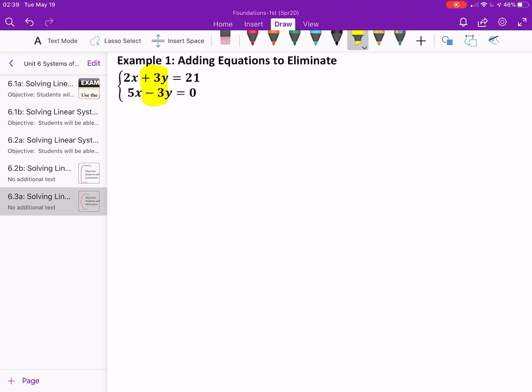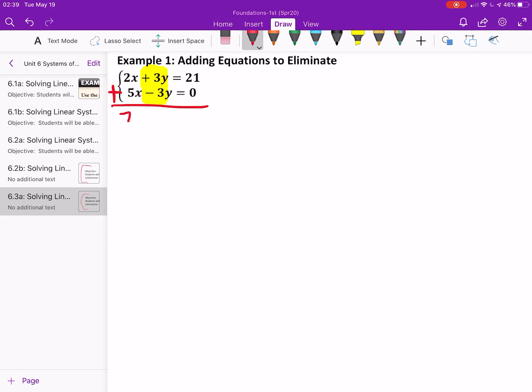The best way to do this is in standard form. You could have them both in slope-intercept form, but this is best in standard form.